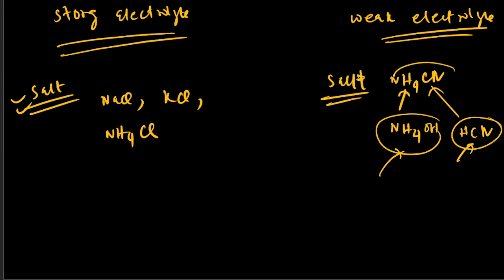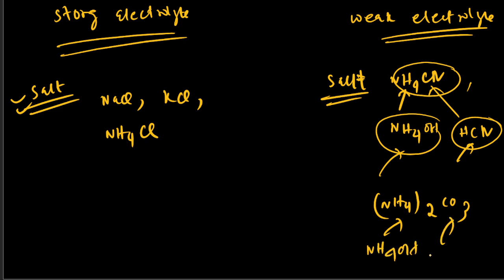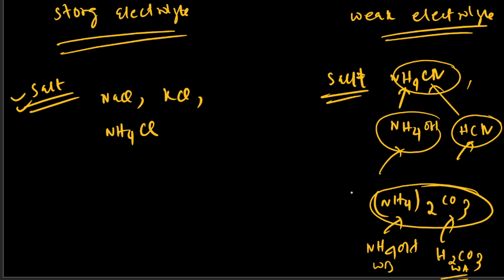So this is a weak electrolyte, meaning both the components have to be from weak base or weak acid. Like NH4 2CO3, this belongs from NH4OH, weak base, and this belongs from H2CO3, also a weak acid. So both the components should belong from weak acid or weak base, then that is considered as a weak salt.